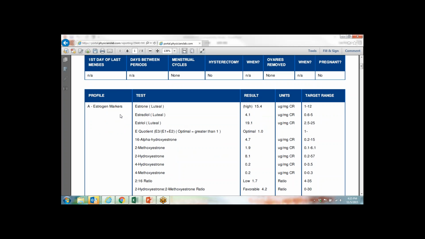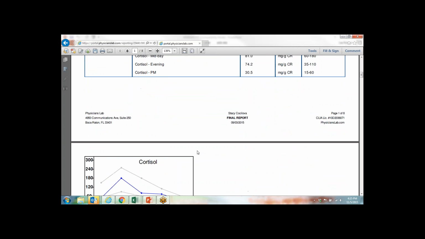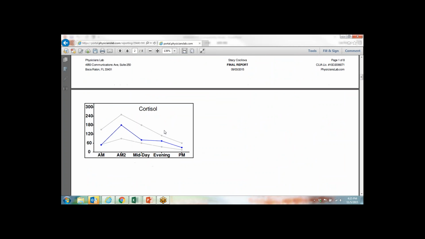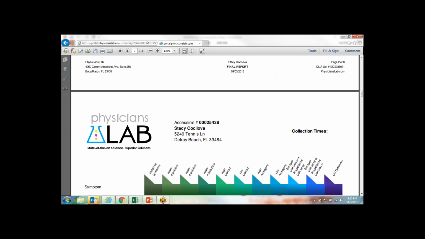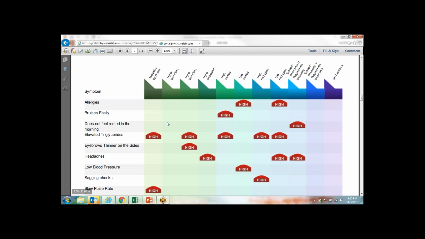We've got the results here, and then we've got a cortisol graph, which I'll discuss in a moment, and then we have patient symptoms from the questionnaire that are mapped out in order of severity.